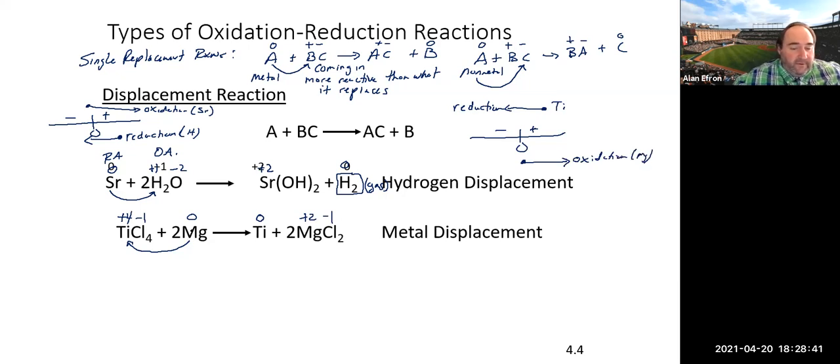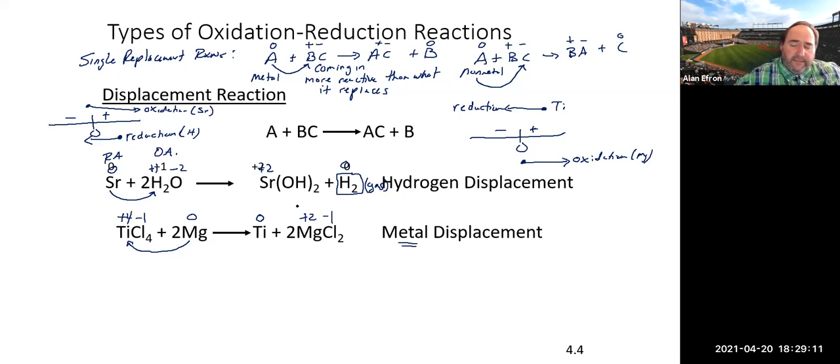Chlorine is -1 on the left and -1 on the right. Nothing is happening with our chlorine, so no change occurs there. Chlorine would be considered a spectator ion here, and it would cancel out if you did a net ionic equation. This is what is referred to as a metal displacement, because a metal is coming in and kicking out another metal.